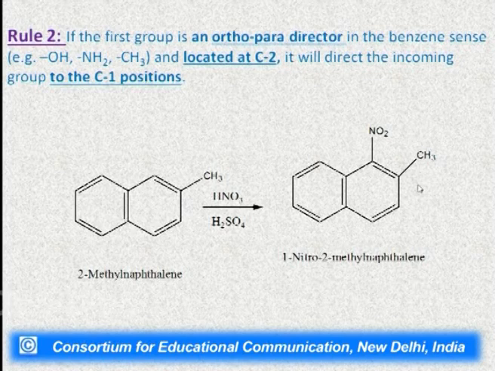So this ortho-para directing group will direct the incoming group to the C1 position. If this C1 position is occupied and we do further nitration, then the next nitration will take place next to the methyl group. It will take place at this carbon.